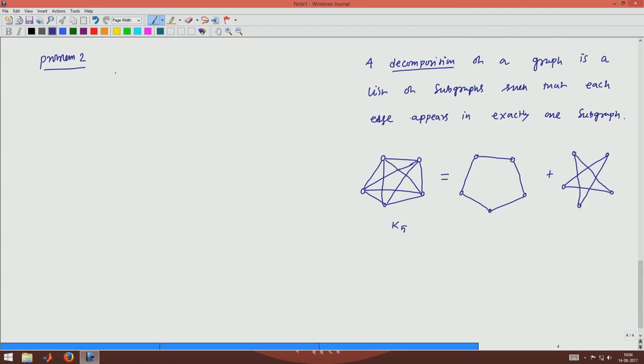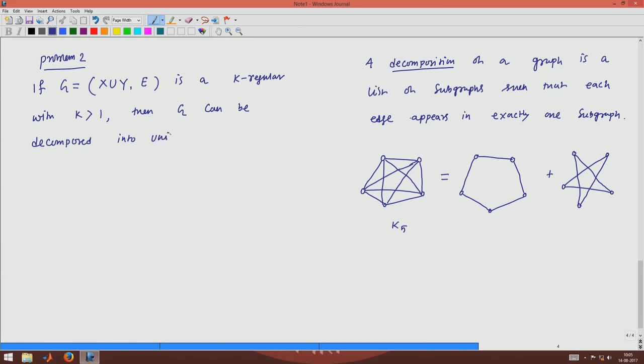Now, let me state the problem. If G is a bipartite graph, X union Y, sometimes we write A union B, sometimes X union Y, which is k regular with k greater than 1, then G can be decomposed into the union of k 1-factors.